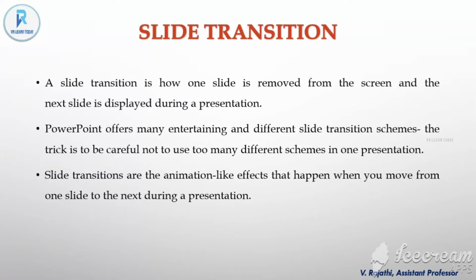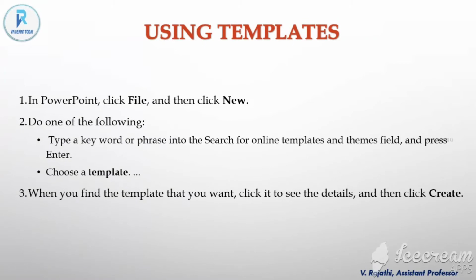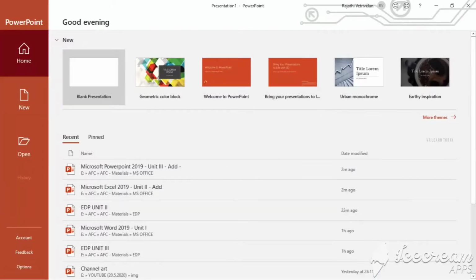This is called a template. You can use the blank document, or else you can use the already built-in templates, which are predefined. You can use any one of these.